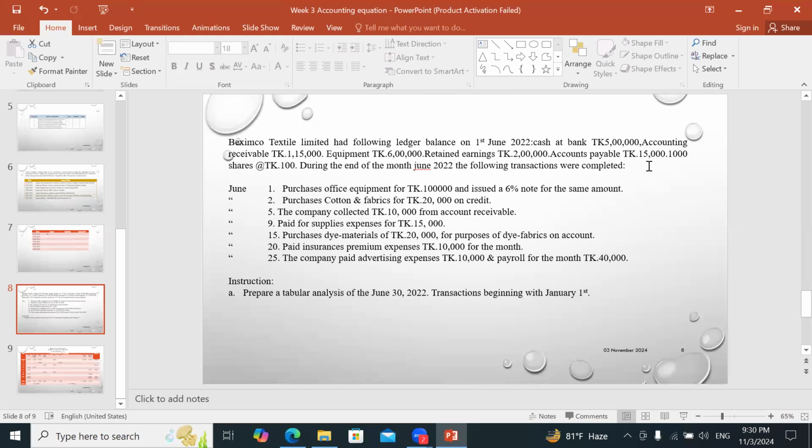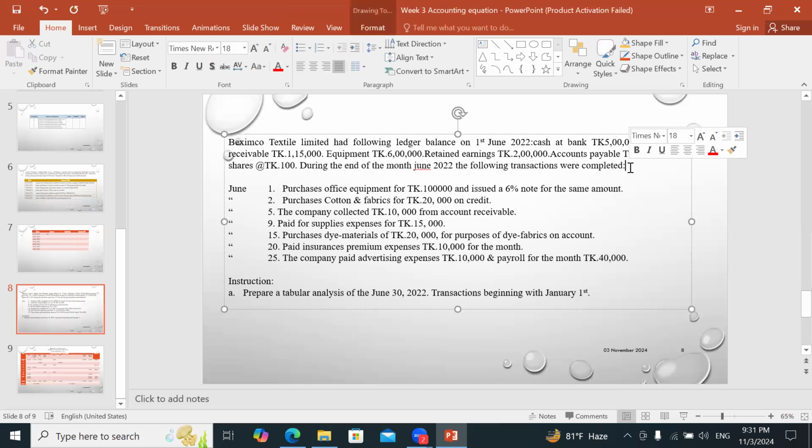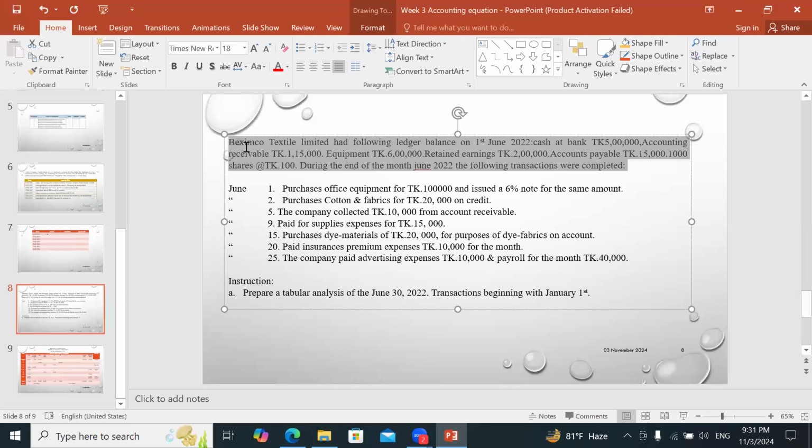Accounts payable 15,000. And 1,000 shares at the rate of taka 100 per share, total taka 1,000 into 100. During the end of June 2022, the following transactions were completed. So this is the primary condition, and you try to design it.